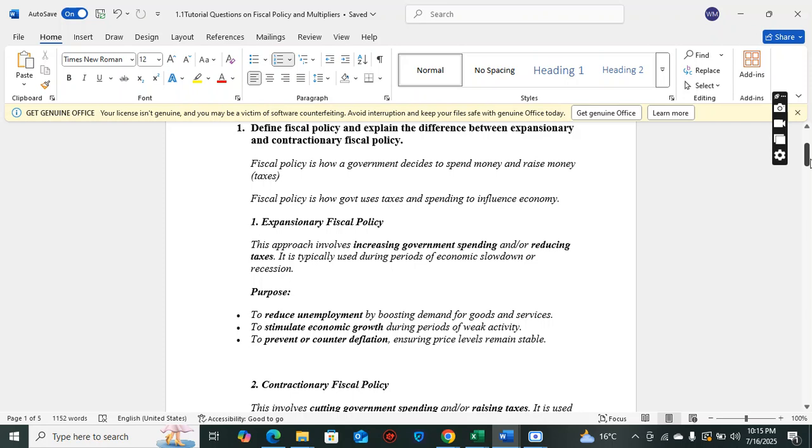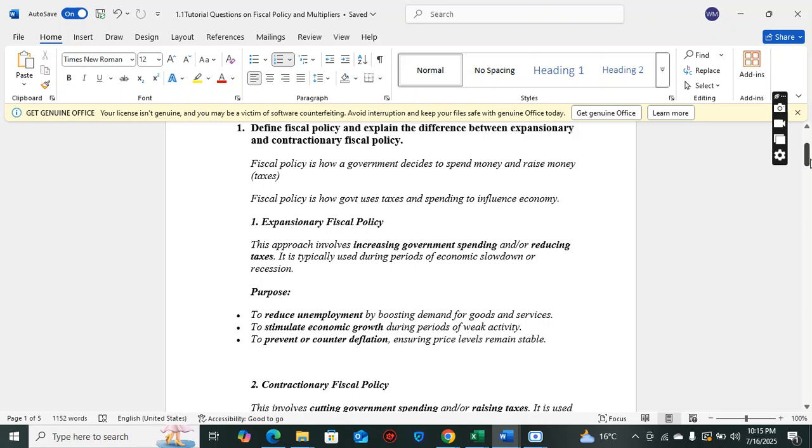When people have more money in their pockets, they spend more, and when they spend more, that gives a signal to businesses to produce more, because if a business sees demand for its good is rising, yes, it's going to increase the price, but also they would want to produce more.